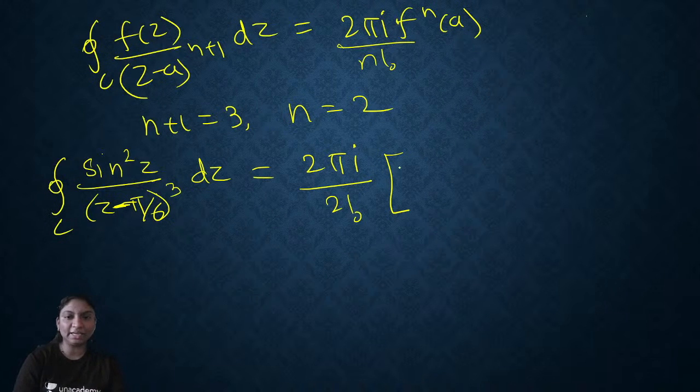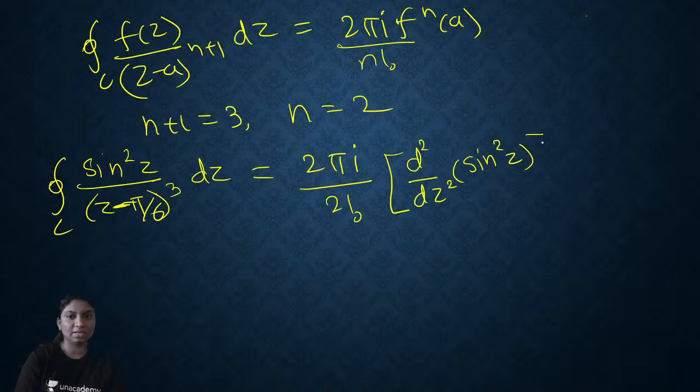So f double dash at a means d2 by dz square of sin square z at z is equal to a, and a is pi by 6. The 2 factorial and the 2 cancel out, so you will get only pi i.